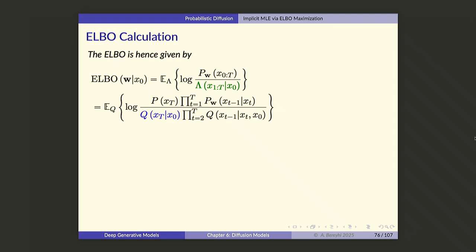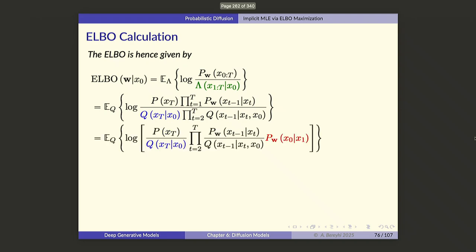And then I keep that extra term as a product outside, right? So I'm going to multiply it with p of this term when t equals 1, which is going to be x0 given x1, right? No worries. So I just took it out, right? Now you can write it down as a product of a fraction, right?